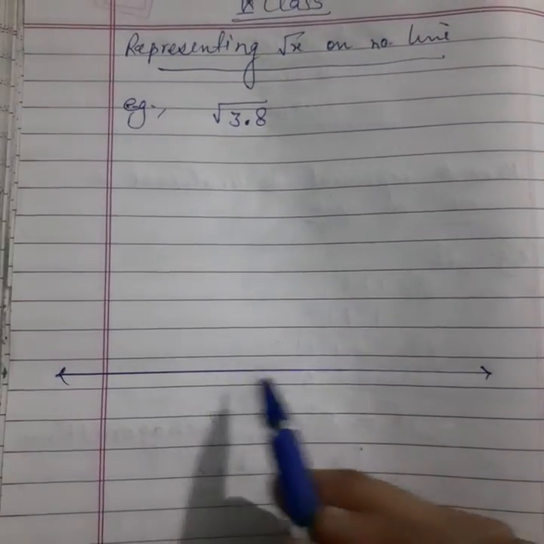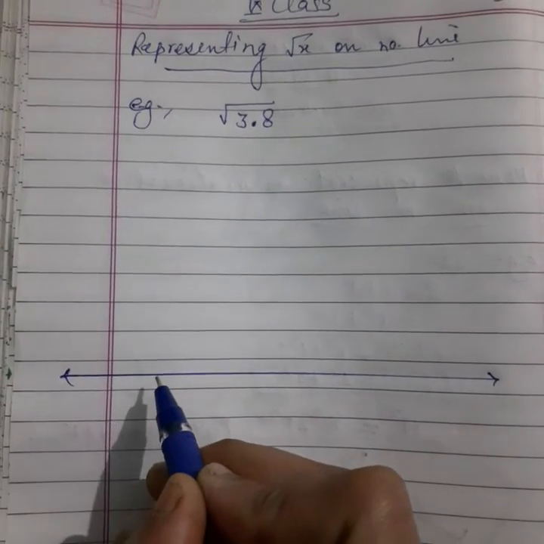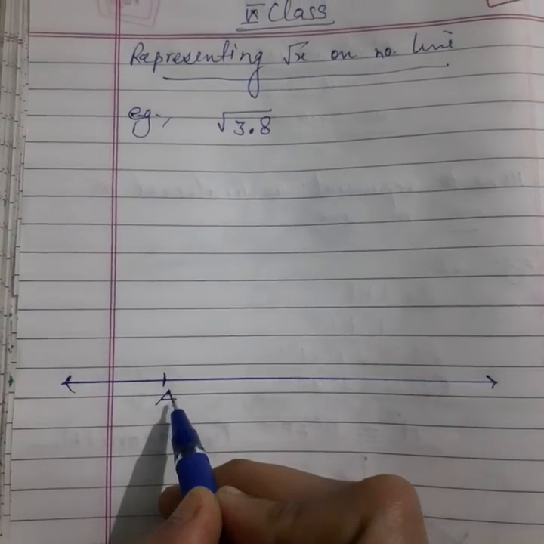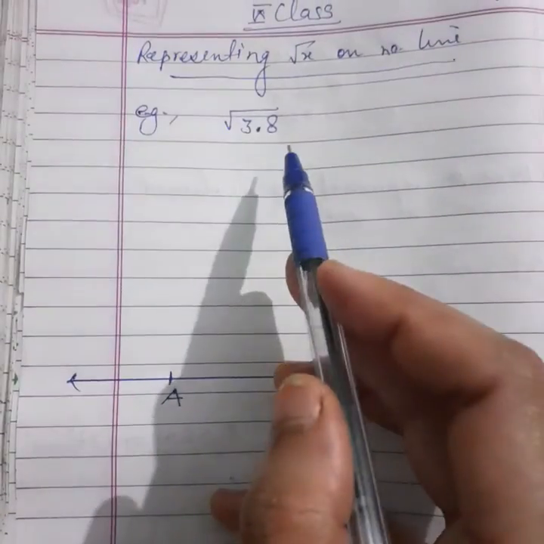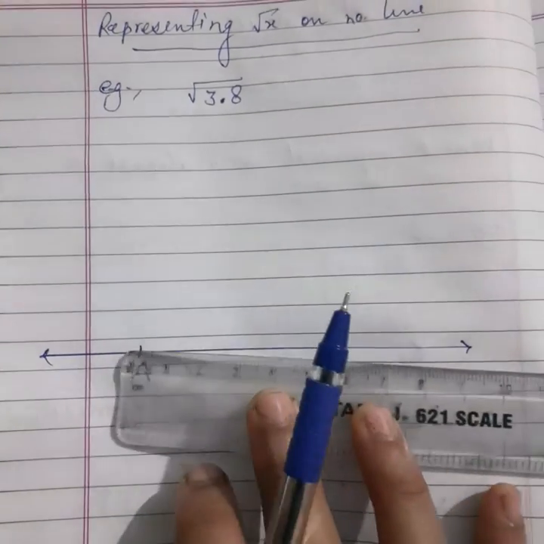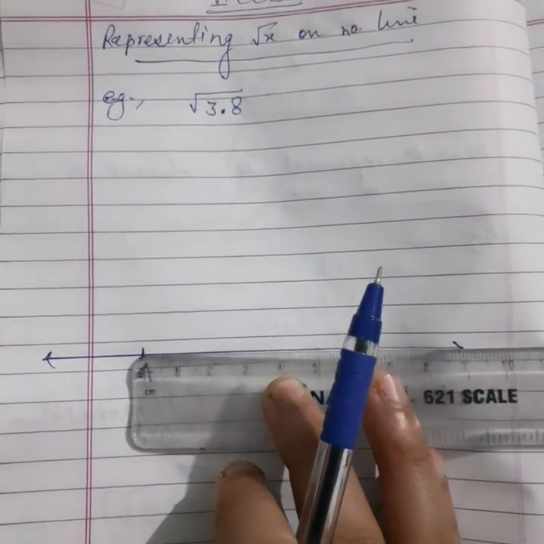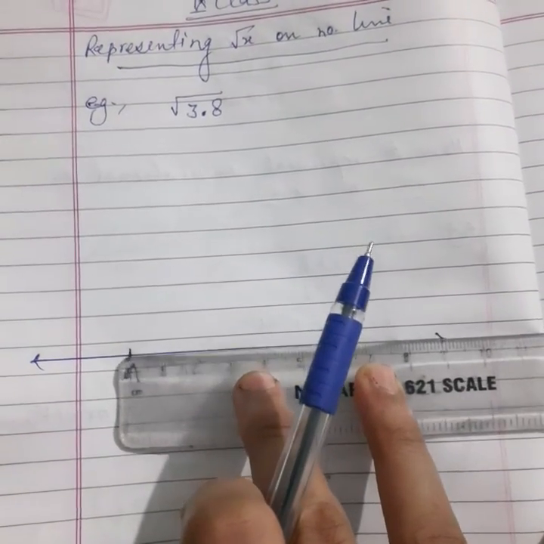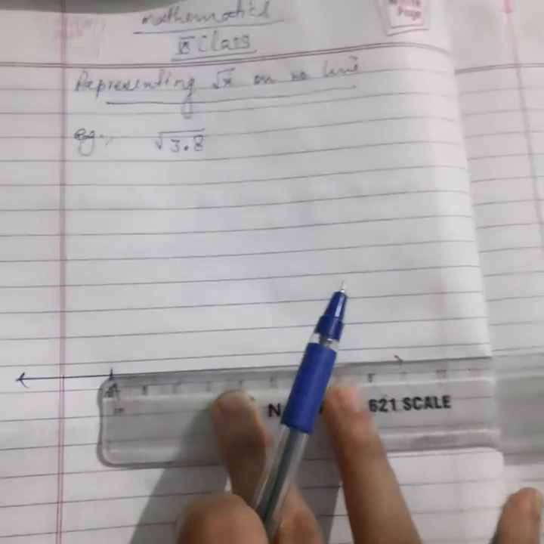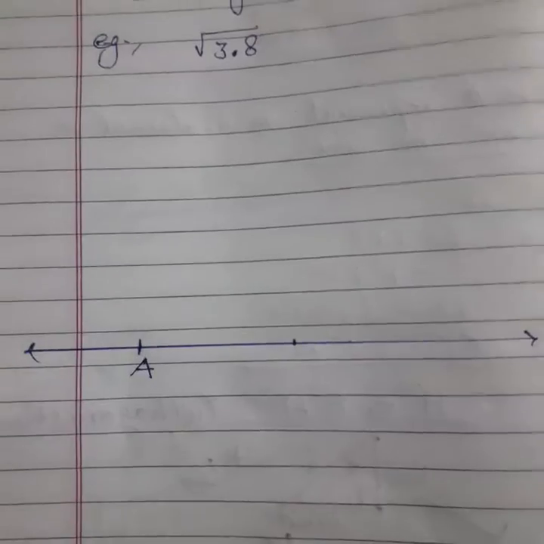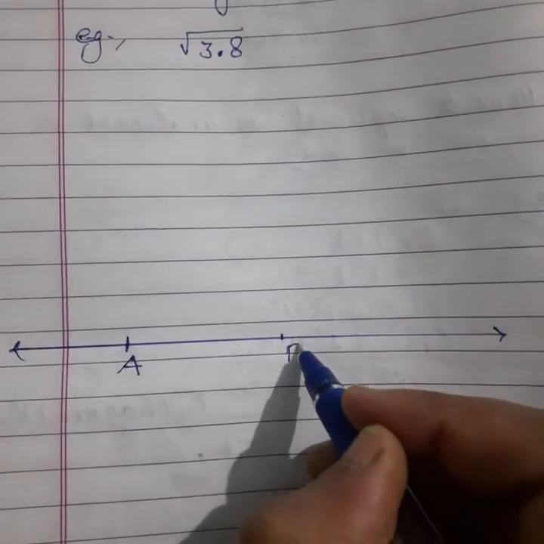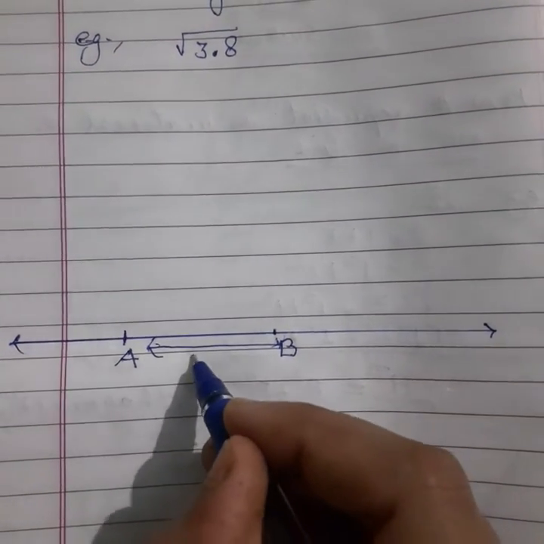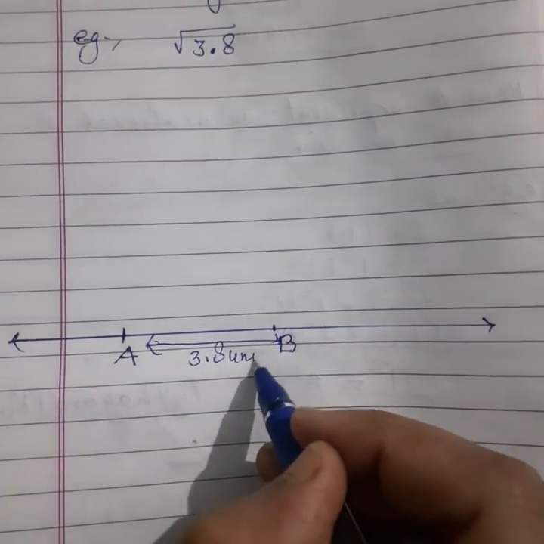At first, we will draw a straight line and anywhere take a point, suppose it is point A. Now measure a distance of 3.8 units. By using a scale, you can measure it as 3.8 centimeter also. At this point I have taken B, and by measuring with the scale it is your 3.8 unit.